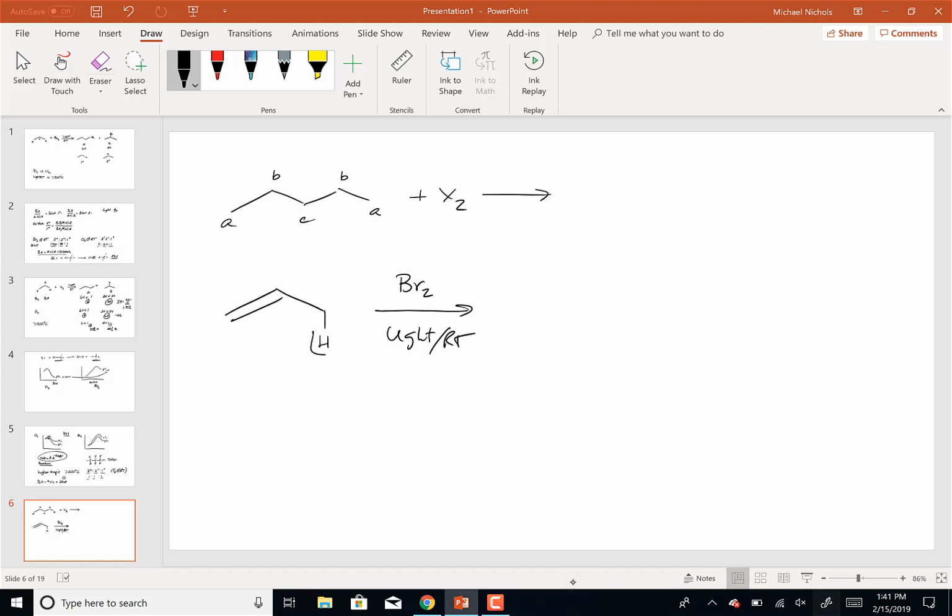This hydrogen and this carbon are at a special position. They are called, anybody remember? The allyl. This is the allylic position. So that's the allylic hydrogen and the allylic carbon. They're next to the double bond.